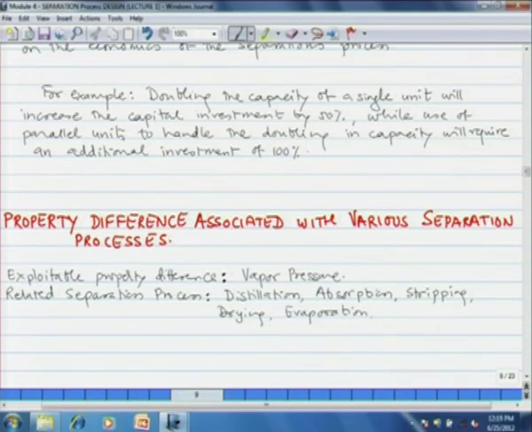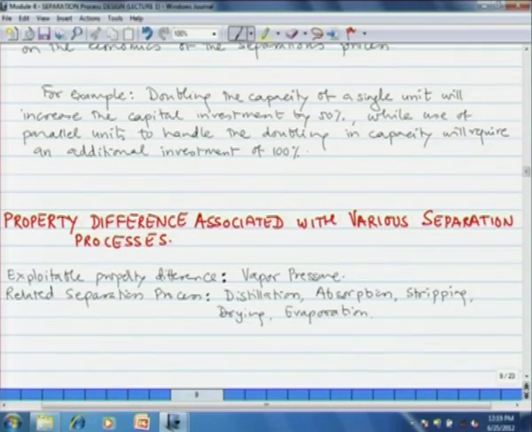Now, the easiest or the most obvious property difference is the vapor pressure. Many processes are liquid phase processes. Therefore, vapor pressure of the liquid is a very handy property for design of the separation processes. The separation processes based on difference of vapor pressures of different components in the reaction mixture are distillation, absorption, stripping, drying and evaporation.